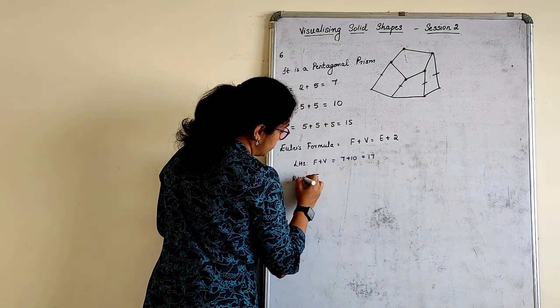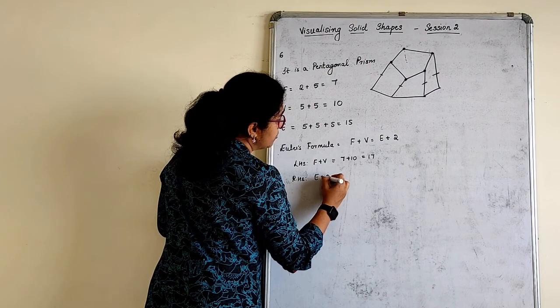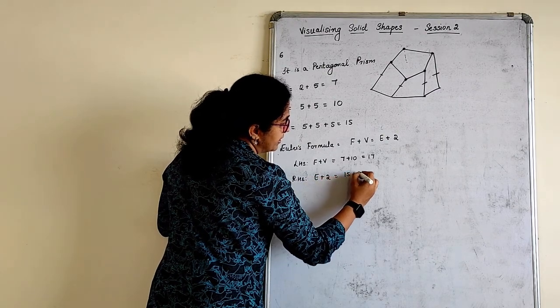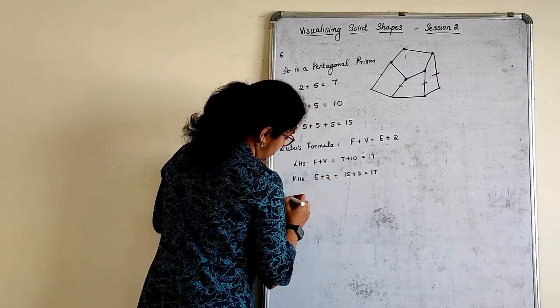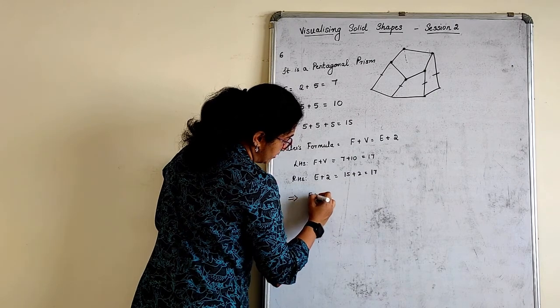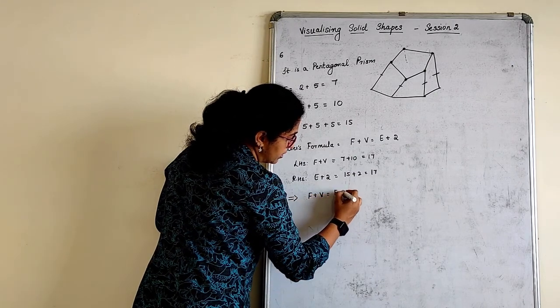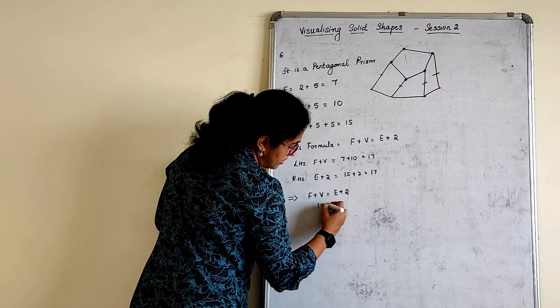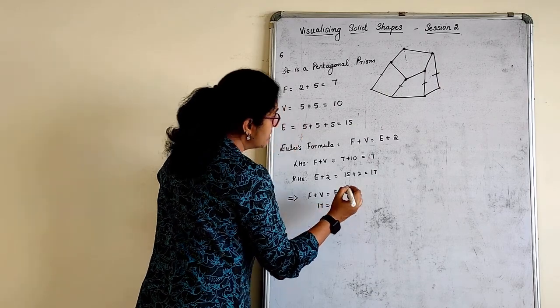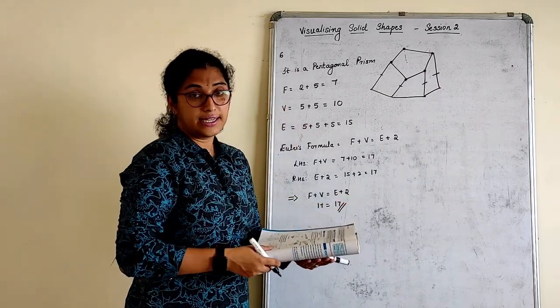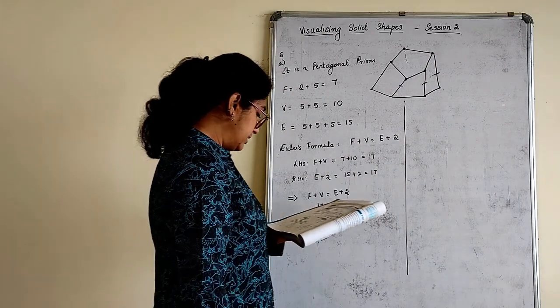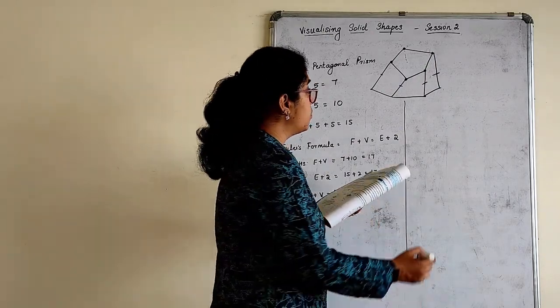RHS, E plus 2, 15 plus 2. This implies F plus V is equal to E plus 2, 17 is equal to 17. It satisfies.